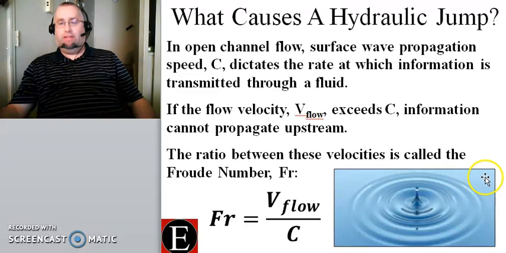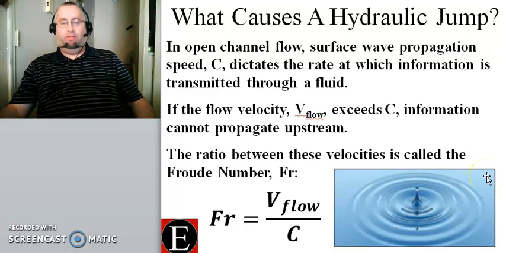But any fluid that's out here at a radius beyond that leading surface wave is still not yet aware that that stone was dropped. That's why the fluid out here hasn't responded by somehow creating a surface wave or some sort of disturbance of its own. It's simply not aware that the stone was dropped because the surface wave hasn't propagated out that far yet.